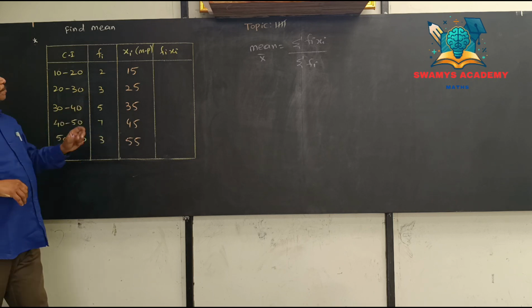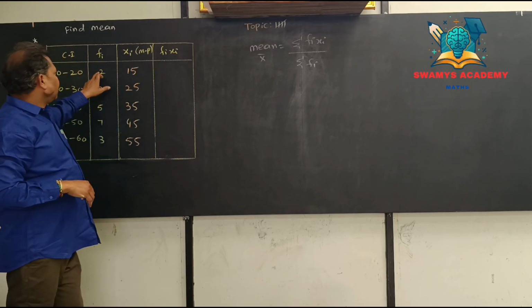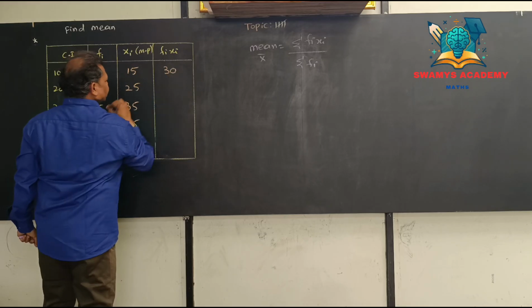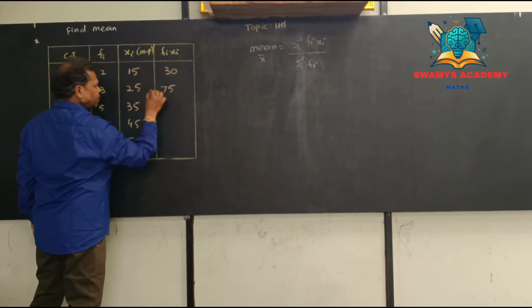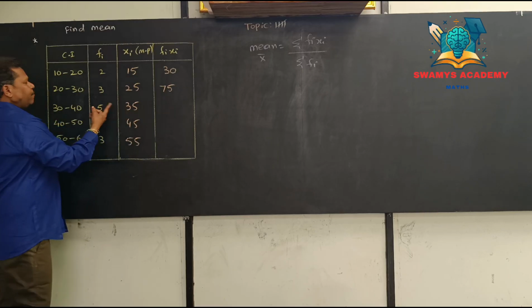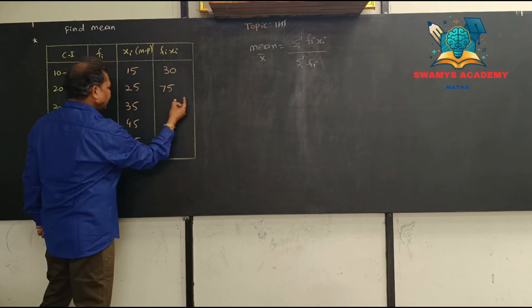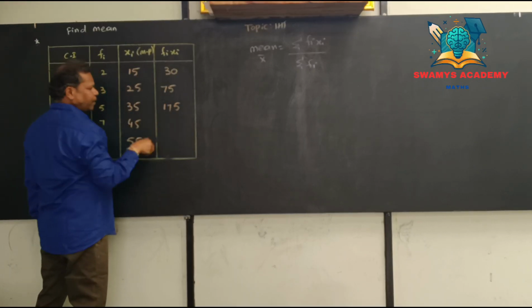And next, what to do? Fi and xi, both we need to multiply. 15 twos are 30. And 25 threes are 75. And 35 fives: 5 fives are 25, 2 carry. 5 threes are 15, 15 plus 2 becomes 17.